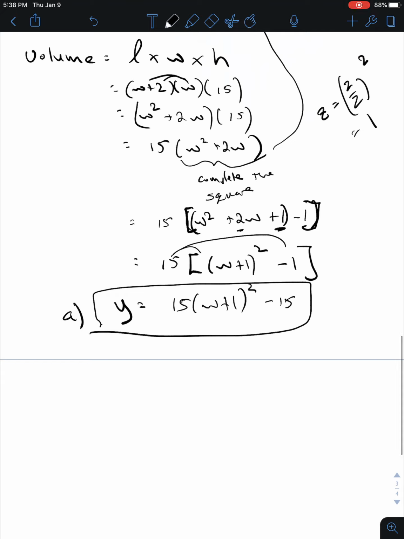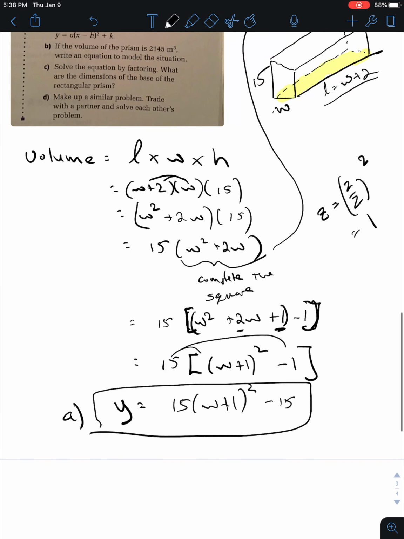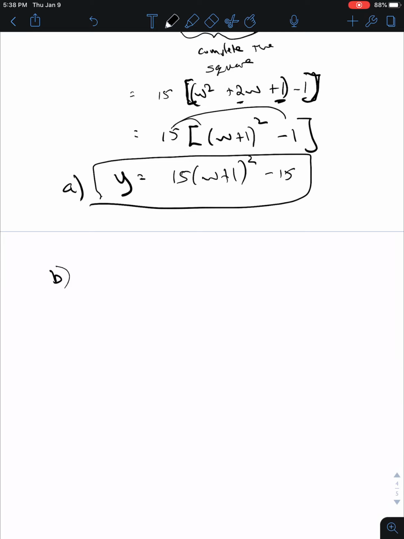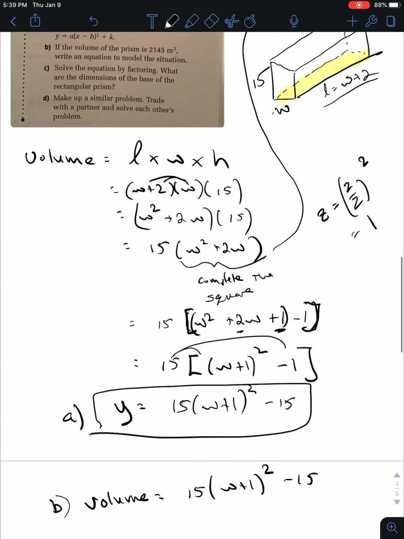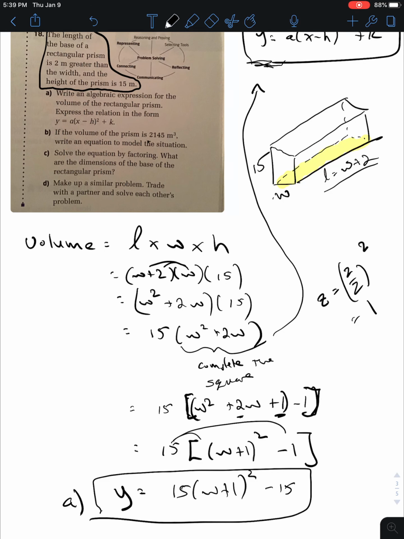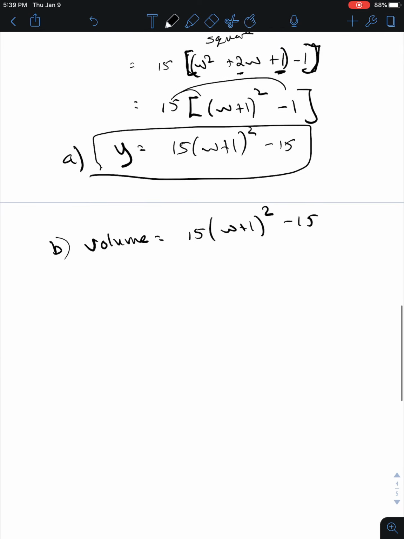So I'm basically going to take my equation, but this is just this written in a different way. So technically we could say volume equals 15 times W plus 1 squared minus 15, right? But the question says, what if the volume is equal to this? Write an expression. Okay, well, it's 2145, right?